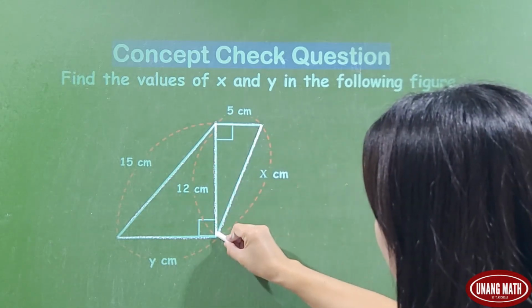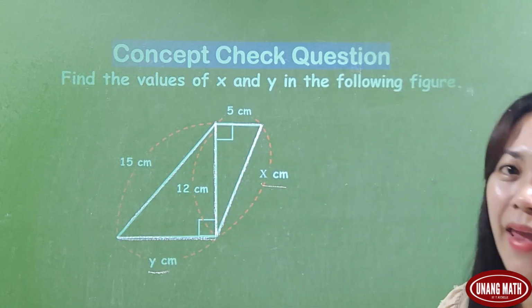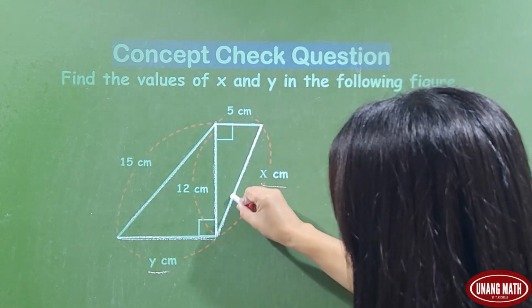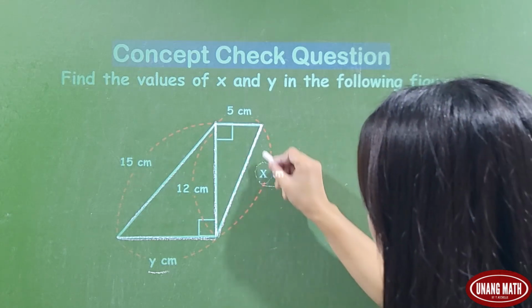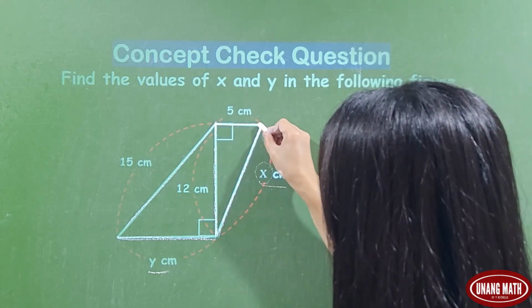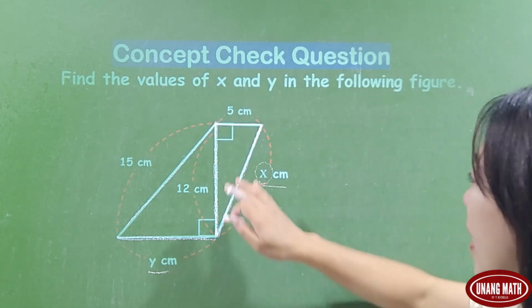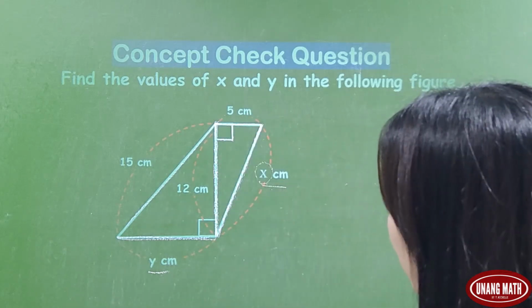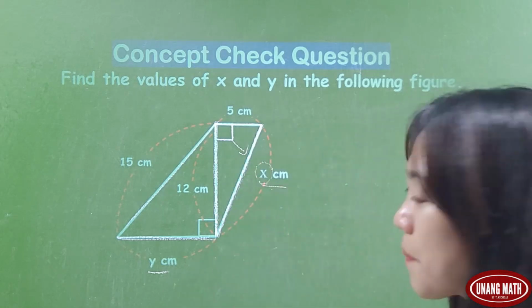So this is x, this is y. First, let's find the length of this side, x. This side is part of this right triangle. This is our right angle, the opposite side is this side, so this is the hypotenuse.